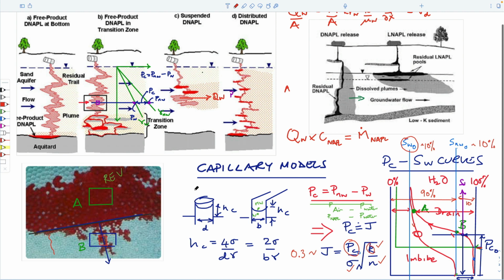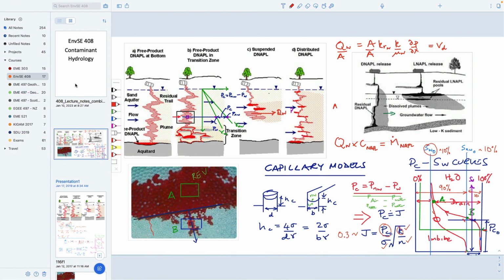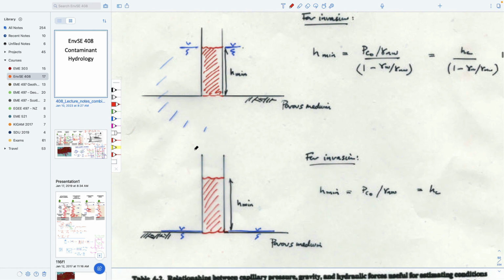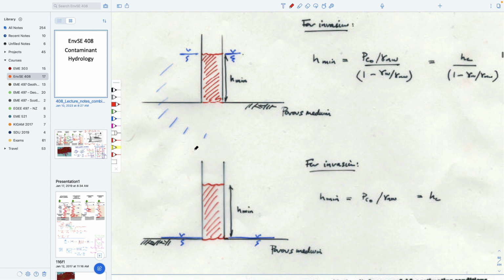And we know that this probably can exist because we know that we're always left with some irreducible saturation of the non-wetting fluid, this amount that we have here, which is always going to be of the order of 10%. So this is in the saturated groundwater region. It would be 90% saturated with water, but the other 10% would be the residual product, which is present within the pore throats. So that's one way to be able to characterize exactly what behavior we would expect.